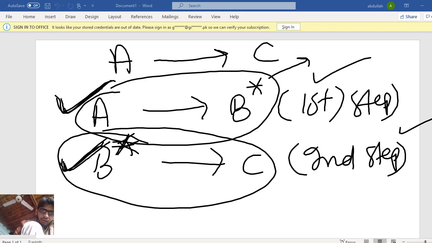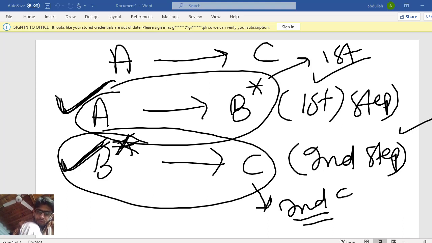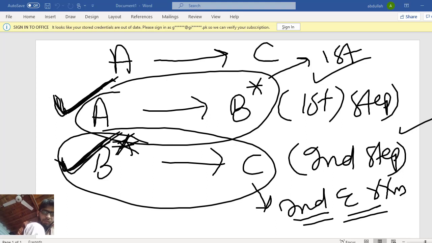So this is the first elementary reaction and this is the second elementary reaction.